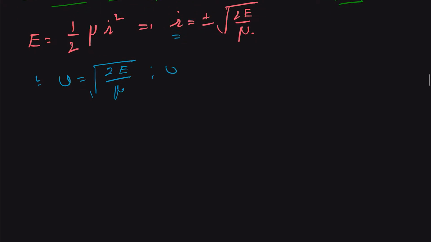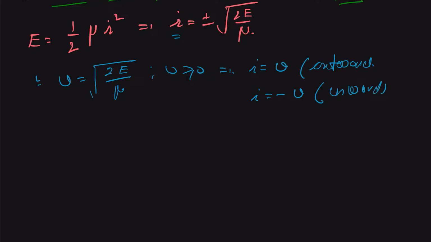Where this v is greater than or equal to 0, and therefore we can say that r single dot v will be nothing but outward, and if our r single dot is minus of v, then this is inward, which was asked in the question itself.